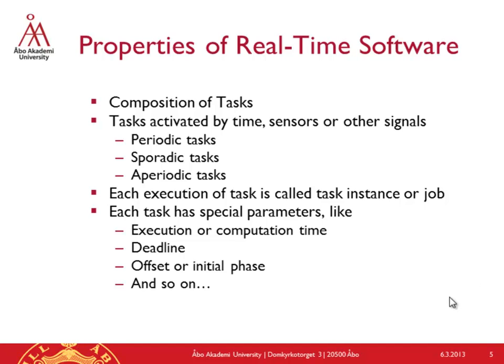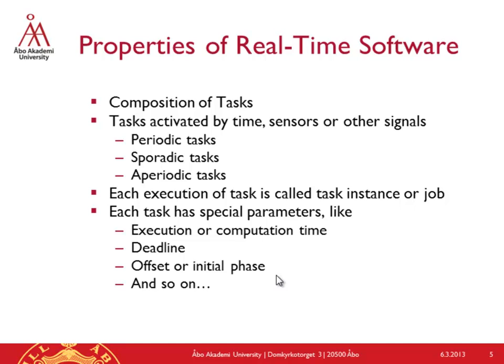So such kinds of systems have to provide assurance that any task will meet its deadline. Another parameter is offset or initial phase. This is some sort of time before the task will be first invoked, starting from a certain position of time.